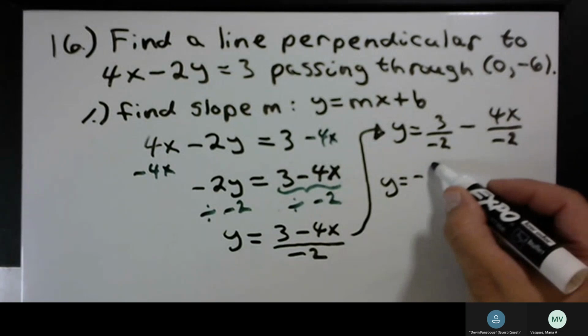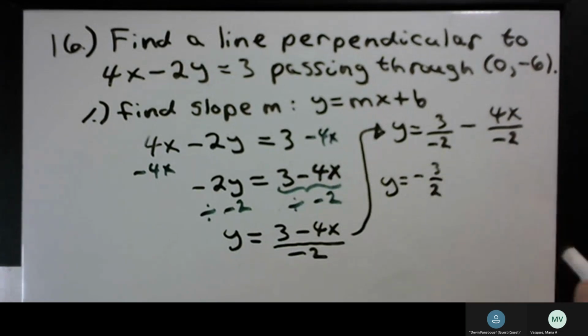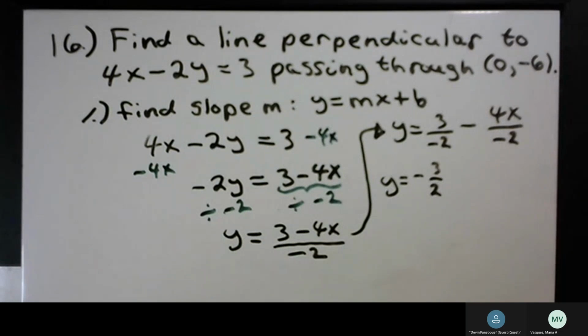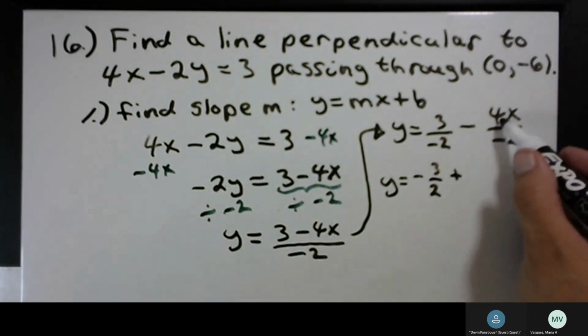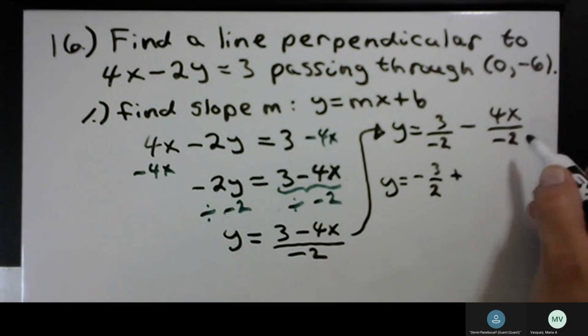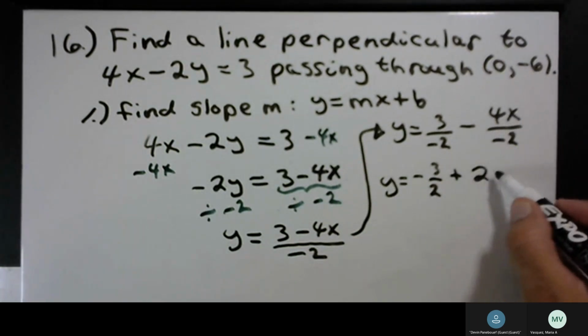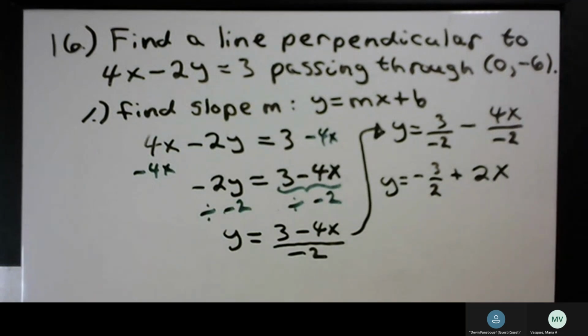We put the minus in front. Now, this is negative and negative is positive. And if we take 4 divided by 2, or if you have 4x and you divide it by 2, you'll get 2x.